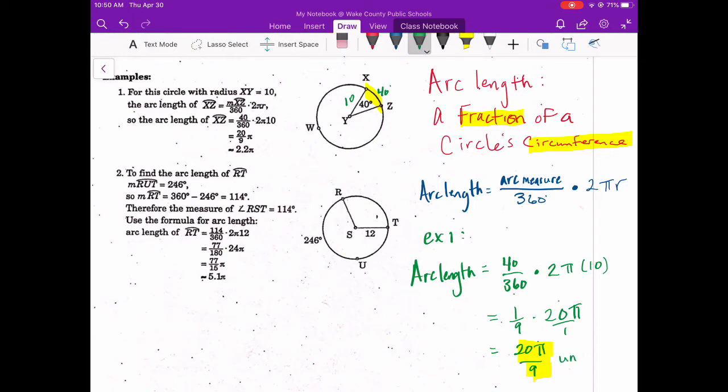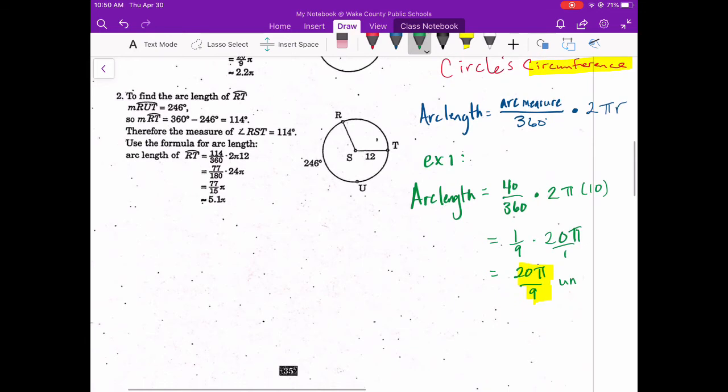And you could do that exact same thing in that second example there, where you're going to need to figure out what the length of arc RT is, and you'll just do some subtracting. 360 minus 246, and that'll give you 114.